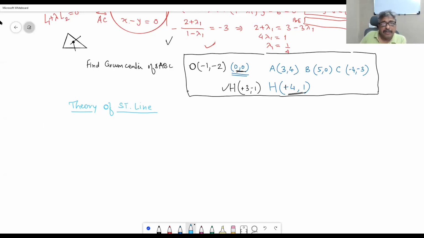Now, in geometry, we said a straight line is undefined. I mean, we don't try to give a definition of a point or a plane, right? That is the Euclidean geometry. We don't define these sets. We say that we understand them and they are very, very trivial, easy concepts to understand. Therefore, we don't get into defining these basic concepts and we assume them to be undefined terms. Okay.